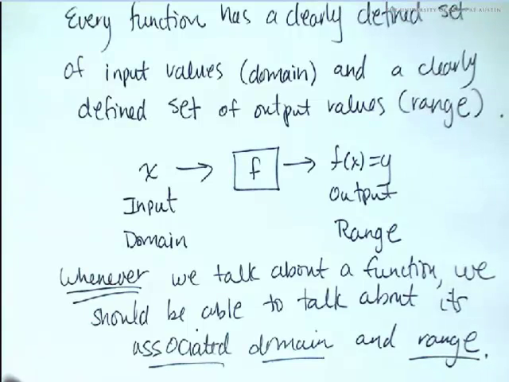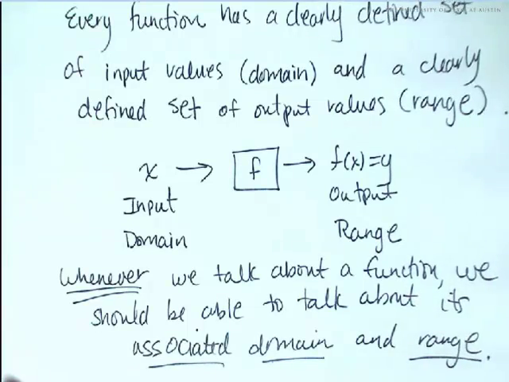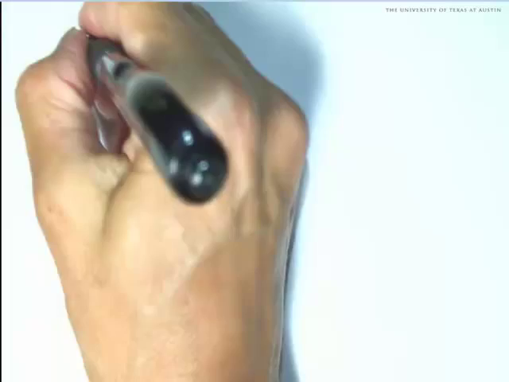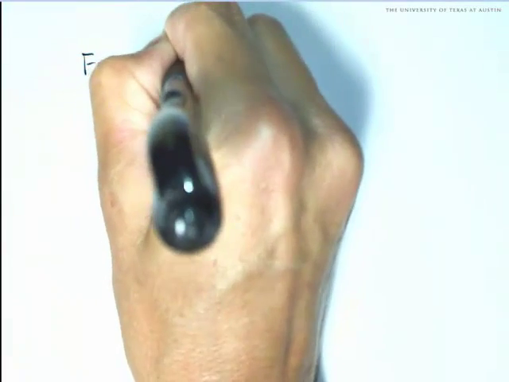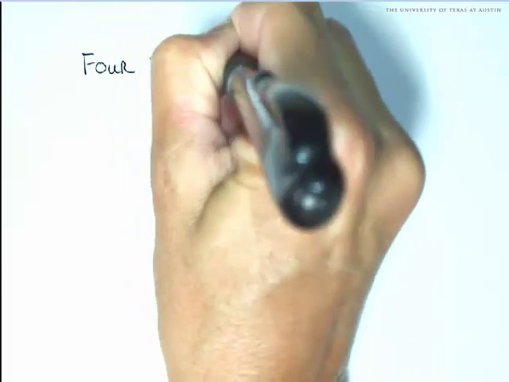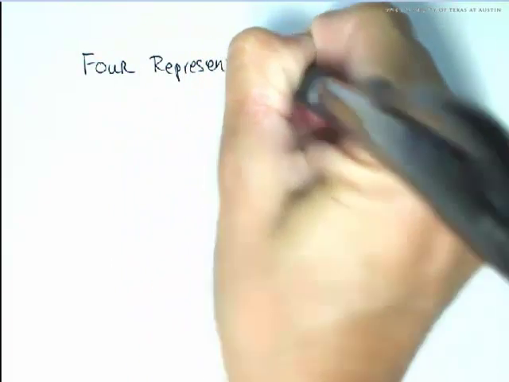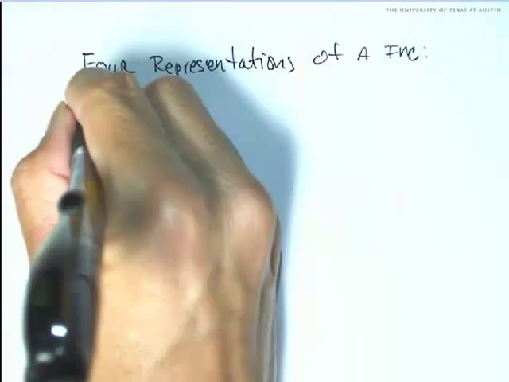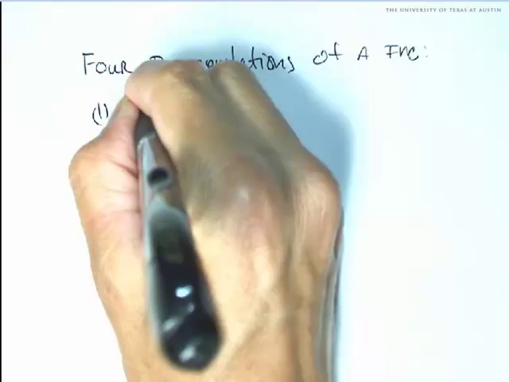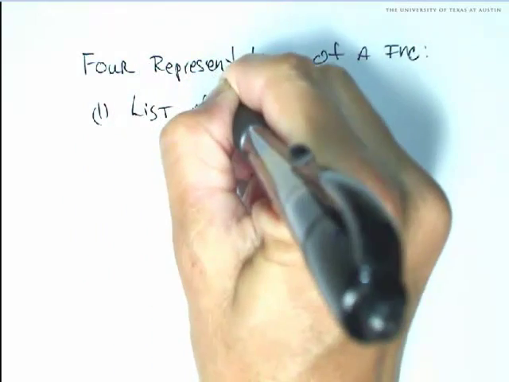range. Okay? Now recall from the last video the 4 representations of a function that we explored. Do you remember what they are? 4 representations. Be a good time to quiz yourself. The first was a list of ordered pairs or a table of values.